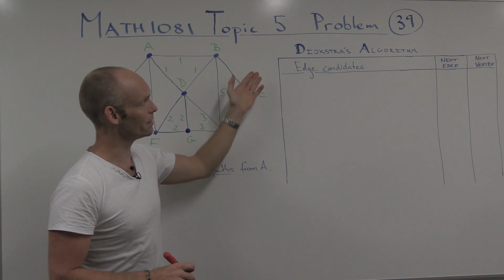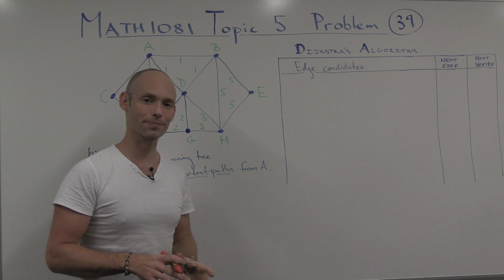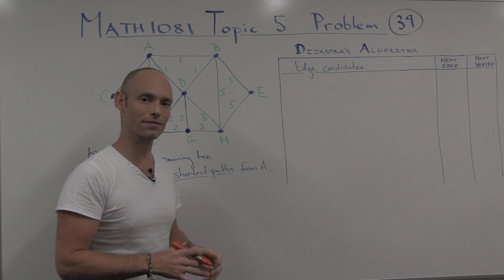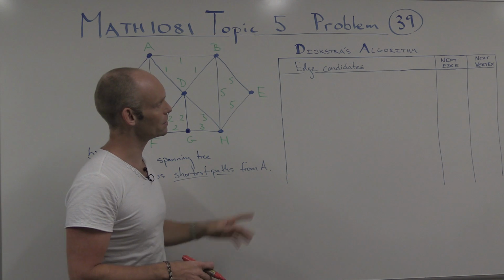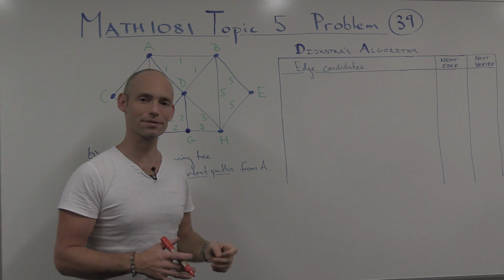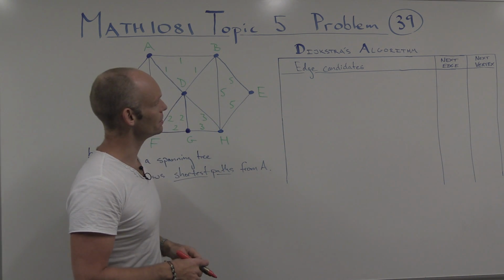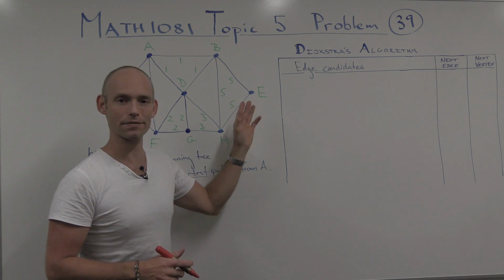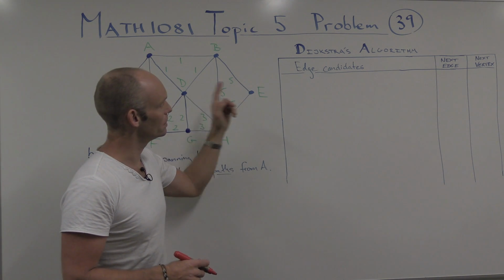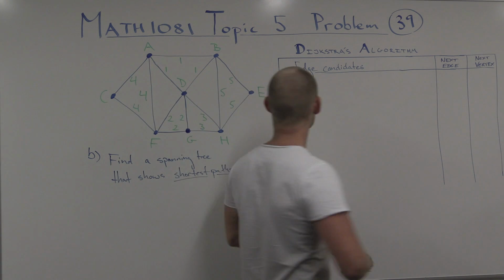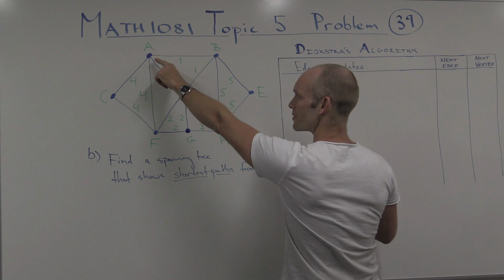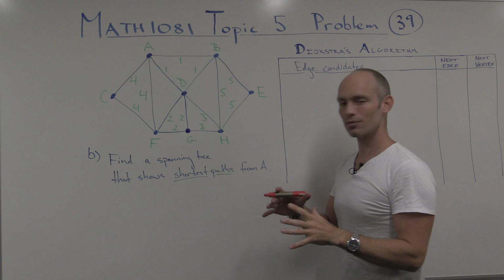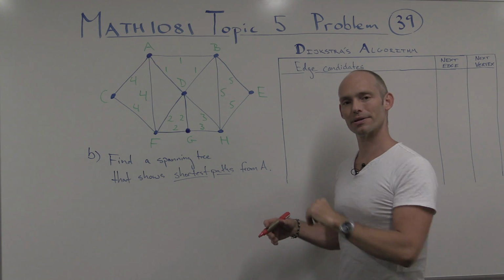And funnily enough, Dijkstra found his algorithm in the same year as Kruskal, in 1956. But this wasn't published until about 3 years later. And as I say, it's very different. So what we do here is we start off with vertex A and we add edges, just like in Kruskal's algorithm.